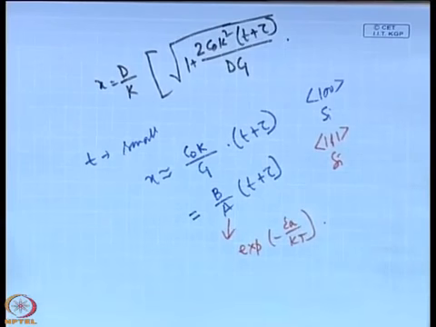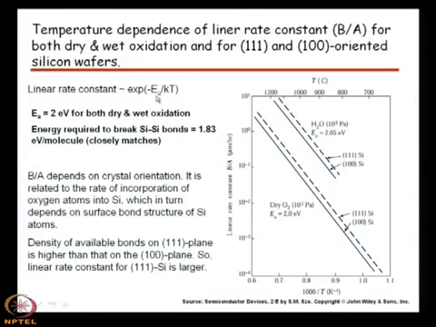Obviously, this E A is the activation energy, and it can be calculated from the Arrhenius plot, which is 1000 by T on the x axis and the linear rate constant on the y axis. We have calculated that the activation energy is 2 electron volt for dry oxidation.